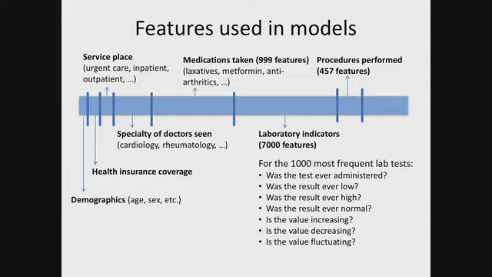Was the result ever high? Was the result ever normal? Is the value increasing? Is the value decreasing? Is the value fluctuating? And notice that each one of these quantities is well defined even for patients who don't ever have any laboratory test results available. Right? The answer would be 0, it was never administered, and 0, it was never low, 0, it was never high, and so on. OK?